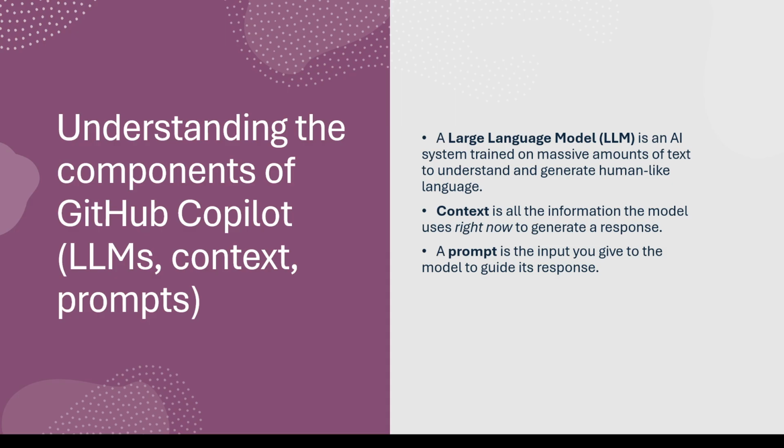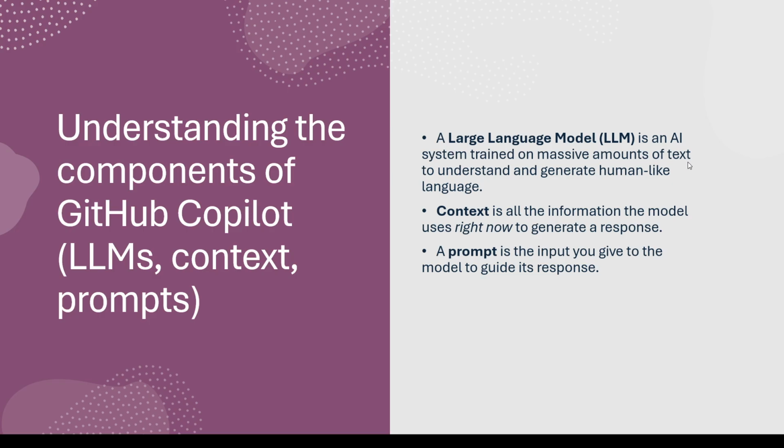A large language model is something which an AI system is trained on, and this training is done based on a massive amount of data, which could be text, coding, images or sound. We could train the large language models based on our requirement, and then that LLM is trained on that particular data. So GitHub Copilot uses many LLMs provided by different providers.